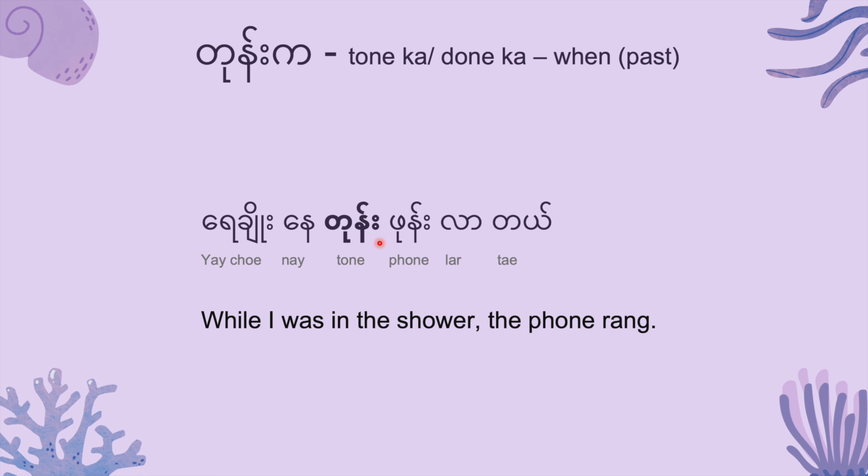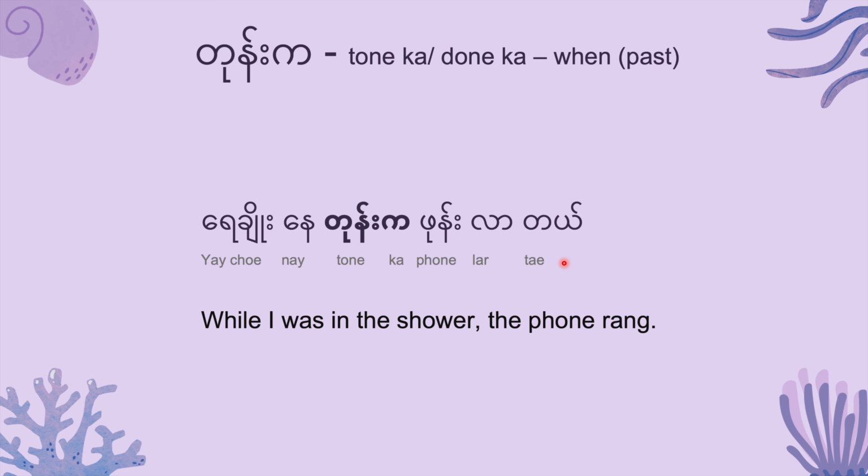Let's go back to the previous example. Ye cho ni dong phone la de. I have mentioned that this sentence can be either present tense or past tense, right? But if you add ga, ye cho ni dong ga phone la de, then as we have mentioned, dong ga is mostly for past tense to describe past events. So if you say this, it definitely means the past.